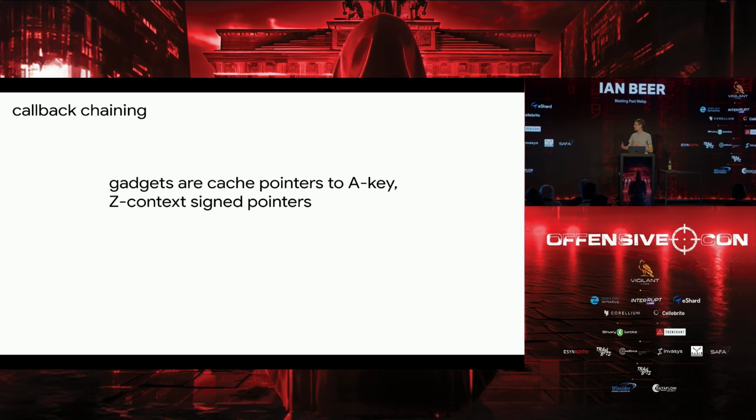So they're effectively using this kind of callback chaining, where rather than the gadgets being a function that I want to call with, for example, the wrong arguments, the gadget set is restricted down to not only entire functions that you want to call, but functions to which there is a signed pointer at a known address in the shared cache.